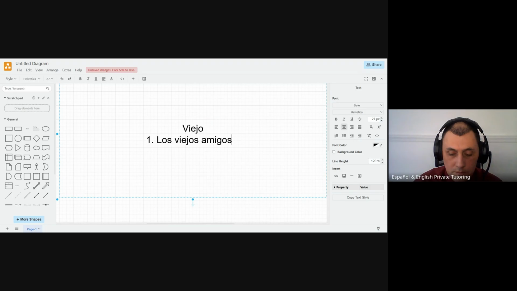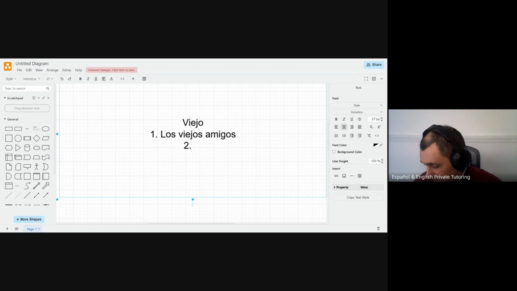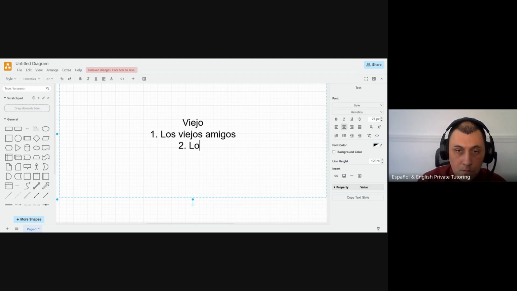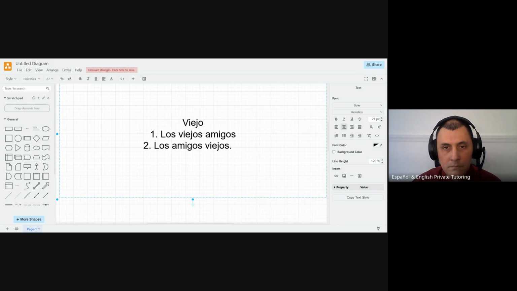Second sentence would be los amigos viejos. If you place it after the noun, it means old in age. The friends that are old. That's what it means.